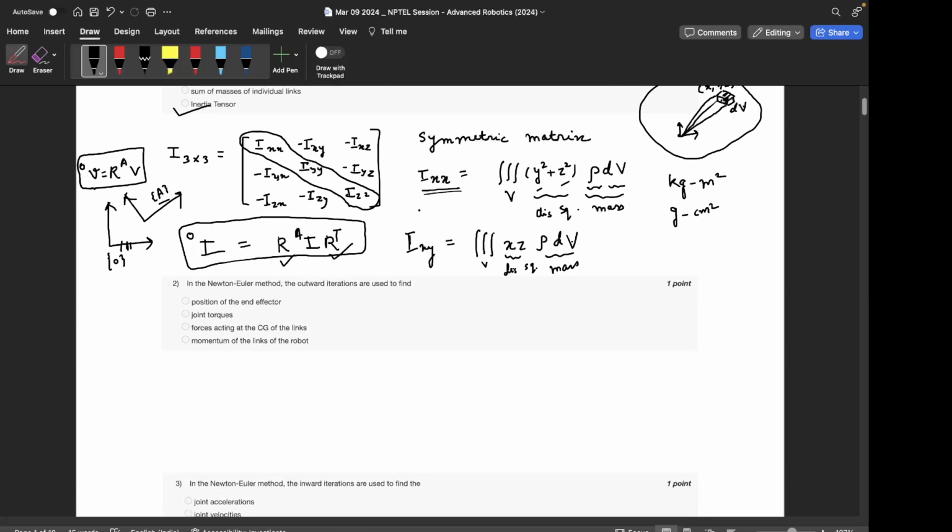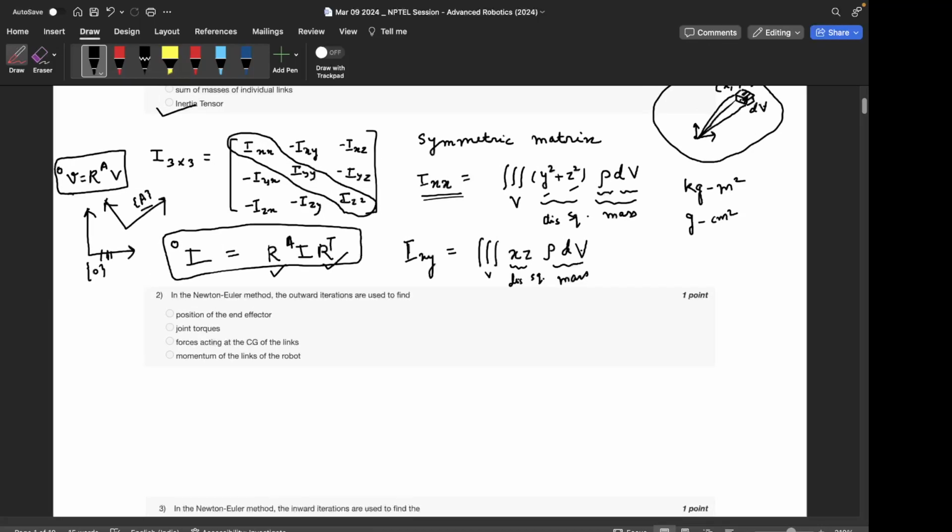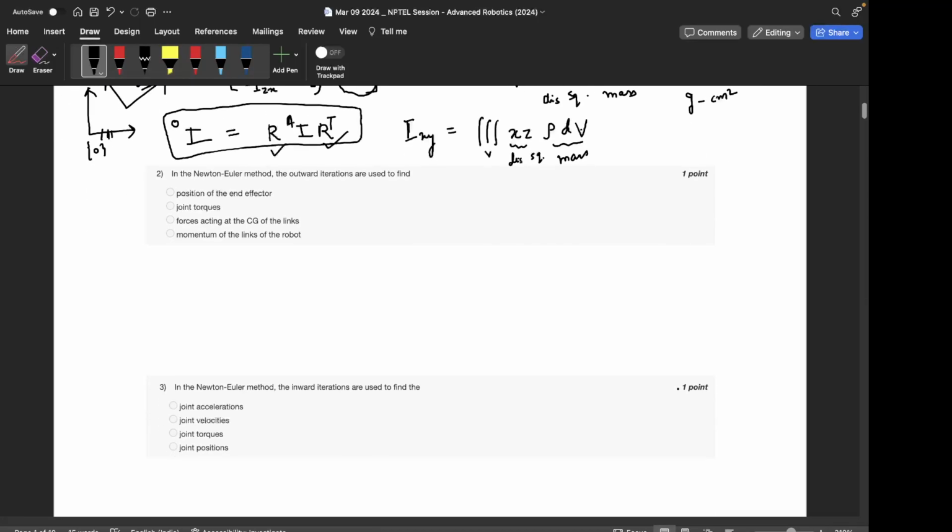Okay, next question: in the Newton-Euler method, the outward iterations are used to find which quantities? This is the point which we had stressed quite a lot in the previous discussion, that in the outward iterations, we get the forces acting on the CG of the link.